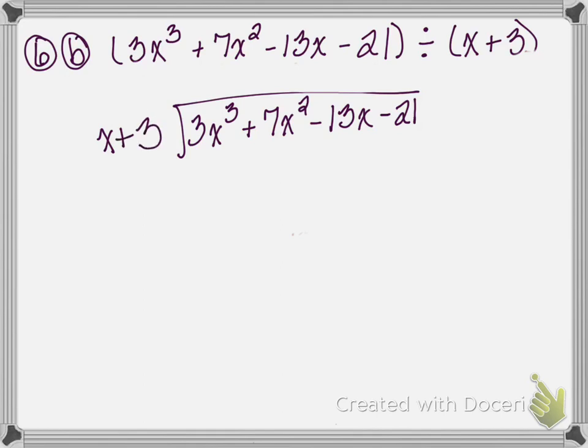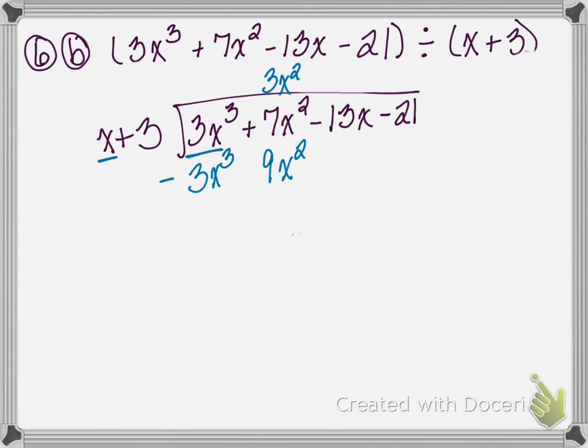So first thing I do, x times what gives me 3x to the third? And the answer to that is 3x squared. 3x squared times 3 is 9x squared. 3x squared times x is 3x to the third.